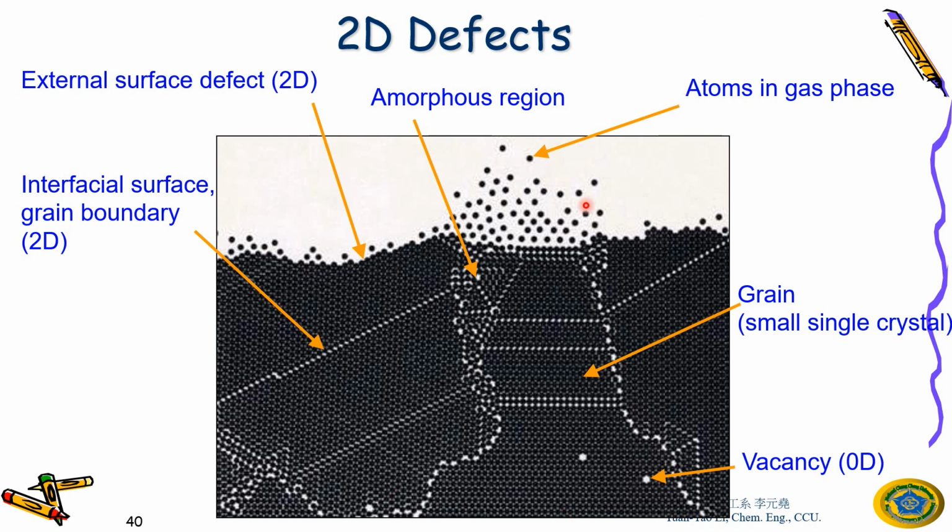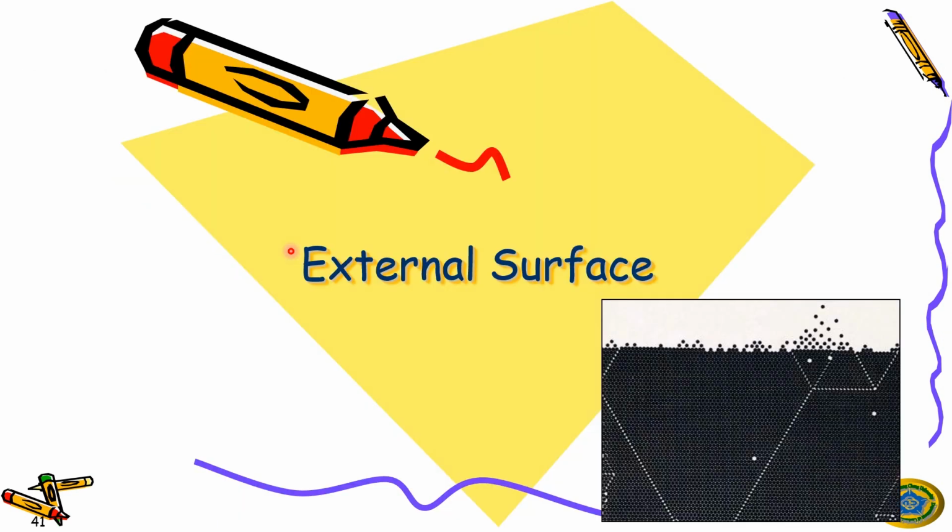You tell me what you can see, like, oh, this is a grain, this is a vacancy, these are grain boundaries, this is amorphous, this is the surface, etc. The more information you can give me, the more points you can get. Okay, so please remember this. Let's take a look at all of these one by one.